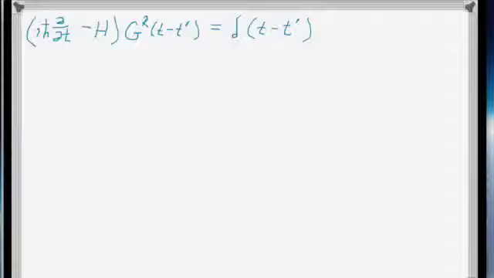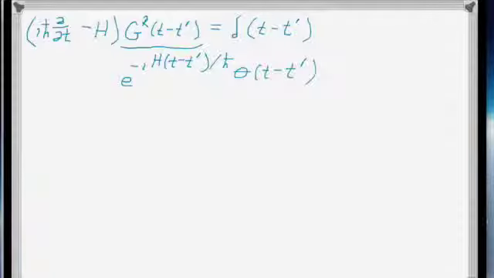Our G is e to the minus i H (t minus t prime) over h bar times theta. Now we'll just look at i h bar d/dt times this.